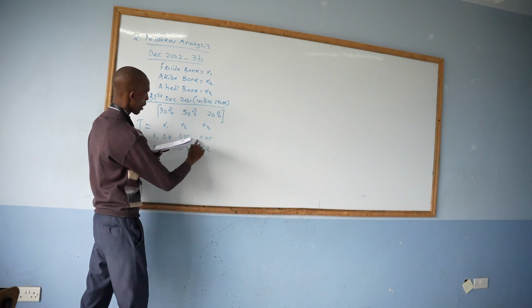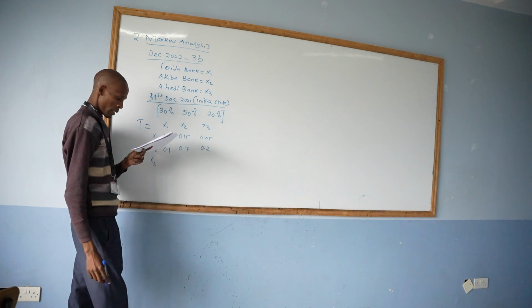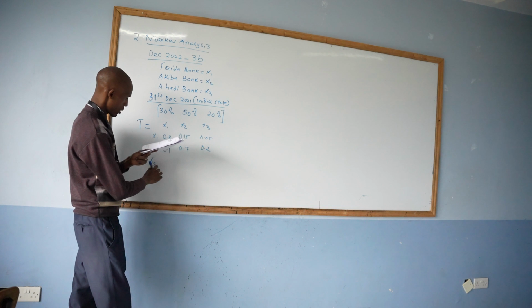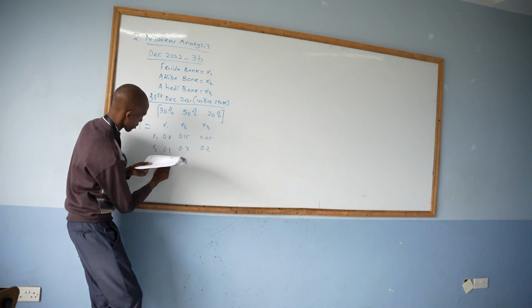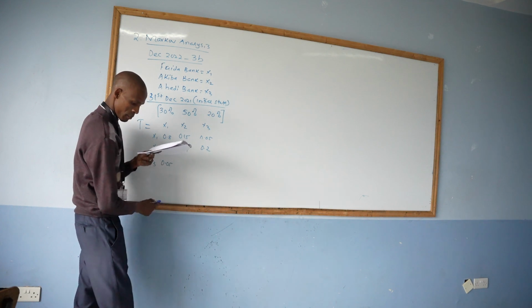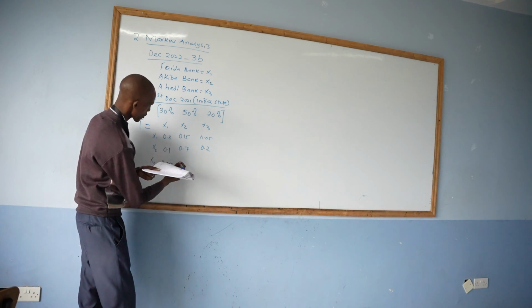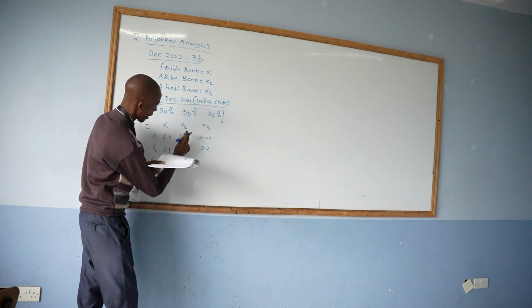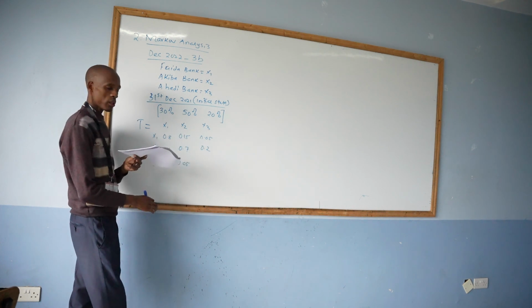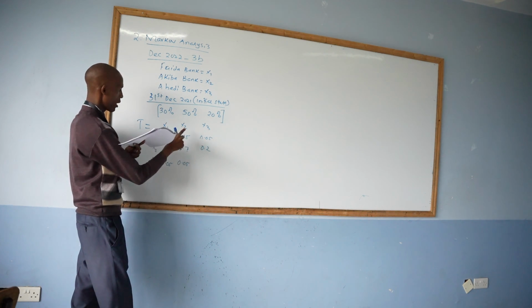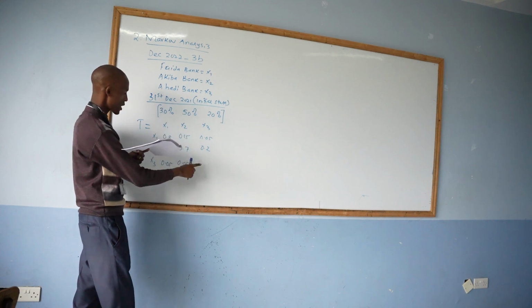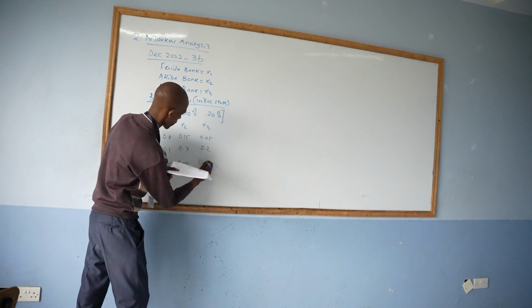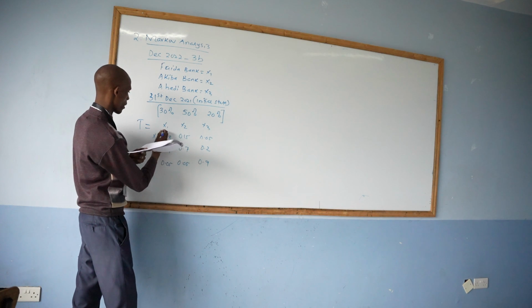All row elements should add up to 1. Ahadi Bank lost 5% to Faida, so this is 0.05, and lost 0.05 to X2. If we are told they lost 5% to X1 and 5% to X2, then the retention is 0.9, because when you add these, they should add up to 1.